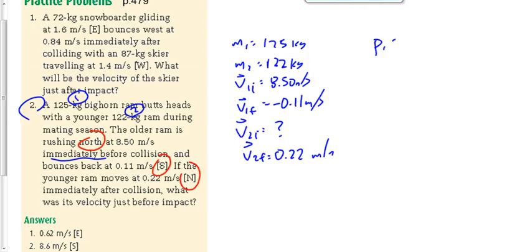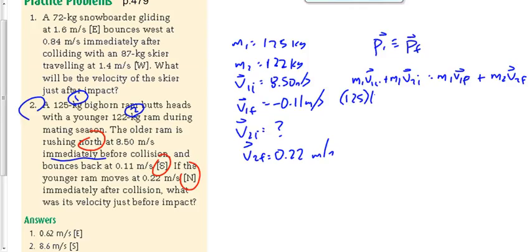We'll say PI equals PF, and we have two objects before and two objects after. So we have two terms, M1 V1 plus M2 V2. 125 times V1I is 8.5. 122 times V2I, is that what we're looking for? 125 times negative 0.11.